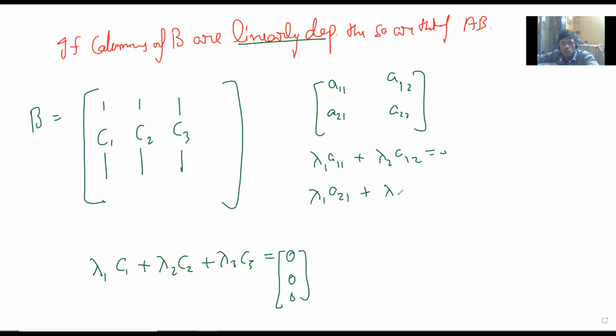Then lambda a22 is 0. And what does this mean? This means that a11, oh my god, what am I doing? Yes, I should write it as a column, otherwise it's just more confusion.